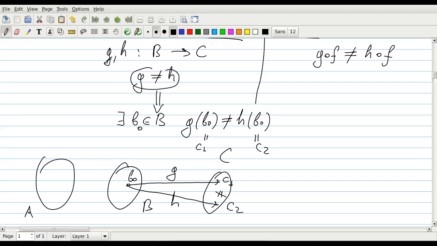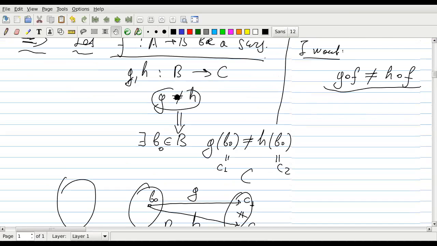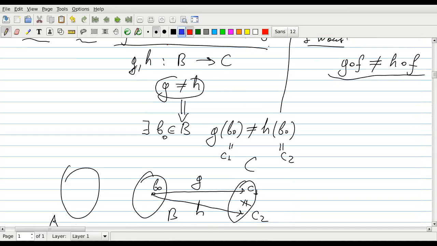Yes. So now I want to prove that these compositions are not equal. How is it possible to do so? How can I apply here the fact that F is a surjection? There exists A from the set A that maps to B0.